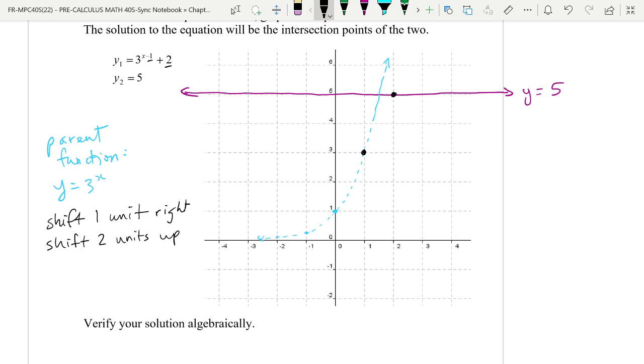I don't think there's any possible way it crosses anywhere else, but I'll keep going. What's this point? I shift 1 to the right and 2 up. Oh, hang on, 2 up. I only went 1 up. There we go.